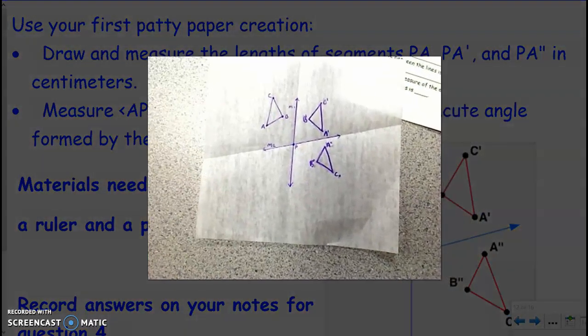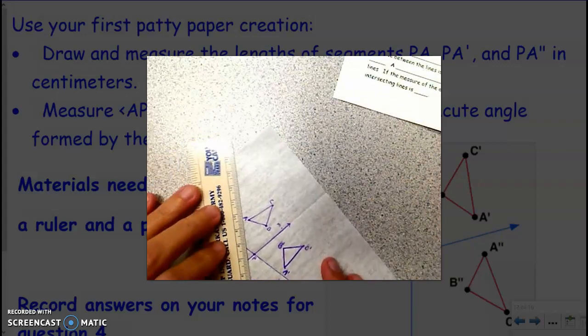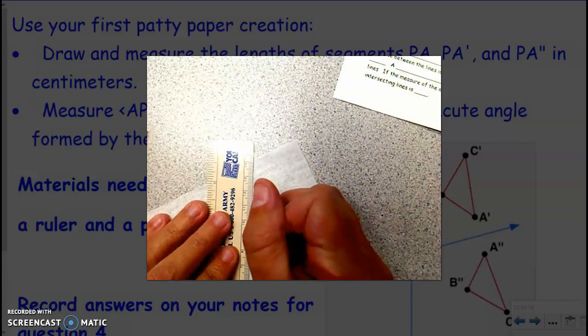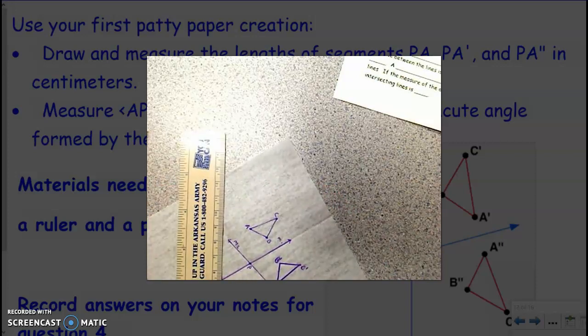And let's see if I can make this bigger. There we go. All right, we are going to connect P to A. If I can get a pen that works.